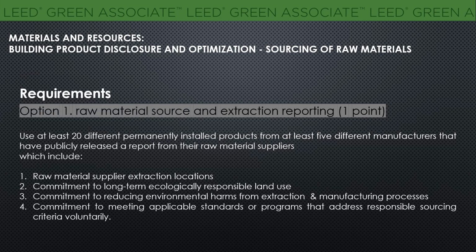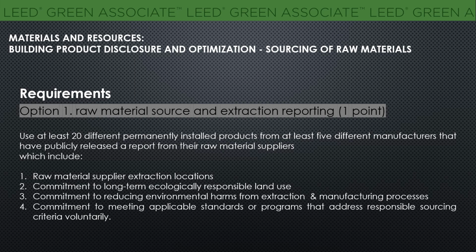So option 1 for achieving this credit is raw material source and extraction reporting and it can get up to 1 point. In short, the requirement suggests us to ensure that the selected products have a self-declared or third-party verified corporate social responsibility report. Now let's read option 1. Use at least 20 different permanently installed products from at least 5 different manufacturers that have publicly released a report from their raw material suppliers, which should include 1.